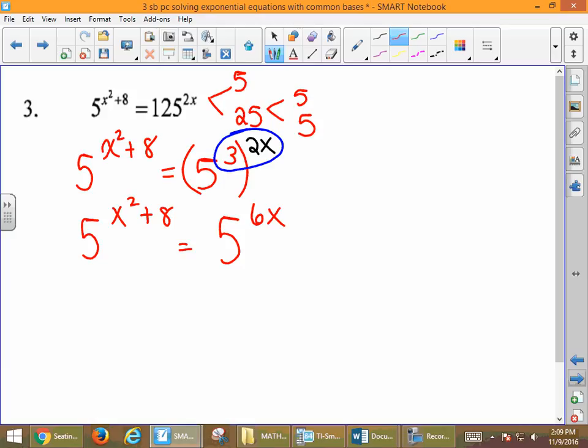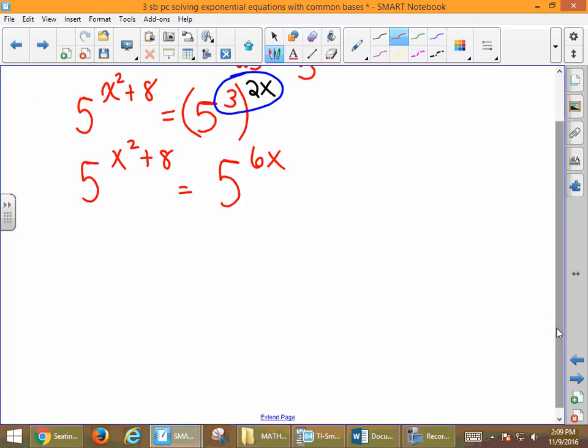But what we finally accomplished here is that we have a base of 5 on the left side of the equals, and a base of 5 on the right side of the equals, so those are like bases. And we can ignore the 5s. They don't really cancel out, but for solving purposes, we don't need those values.